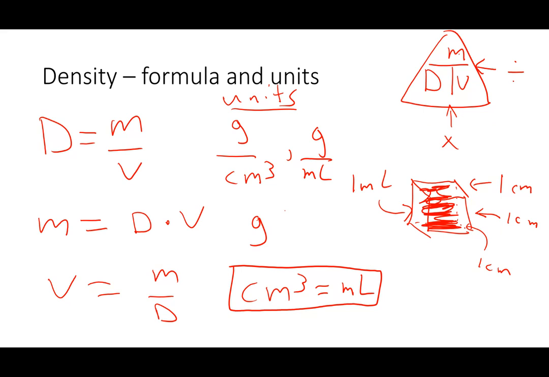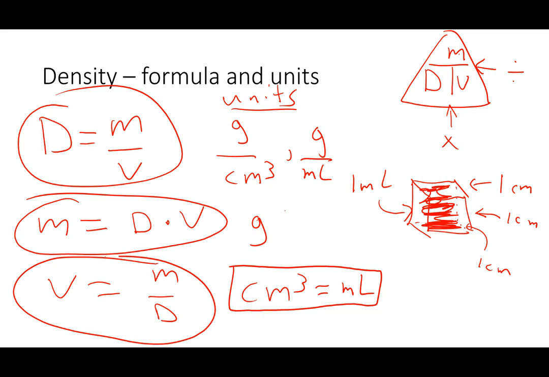And we can put that into a formula for density, where density equals mass divided by volume. And if we play around with this equation, it gives us these three equations. These are the units for these three equations.